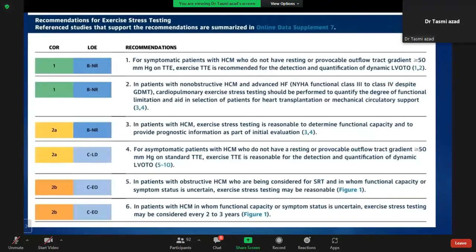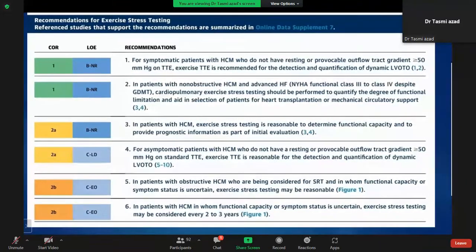But in non-obstructive hypertrophic cardiomyopathy with advanced heart failure, where the patient is symptomatic, NYHA class 3 or 4, and guideline-directed optimum medical therapy is already given, cardiopulmonary exercise testing, that means ETT plus respiratory gas analysis, should be performed to quantify the degree of functional limitation. This is also a class 1 indication.